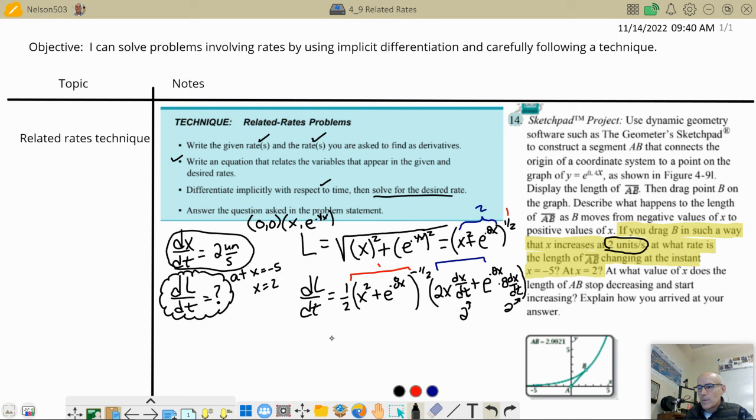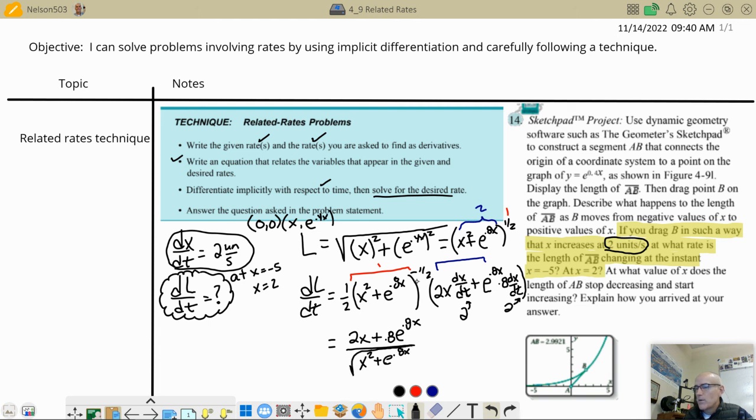That's kind of still part of this line right here where it says solve for the desired rate. So maybe it's best if I do something like that right now. 2x, I'm going to put the 2x e to the 0.8x. Well, I've got a 0.8 in front of that, 0.8 e to the 0.8x. And then all of that is over the square root of x squared plus e to the 0.8x, right?